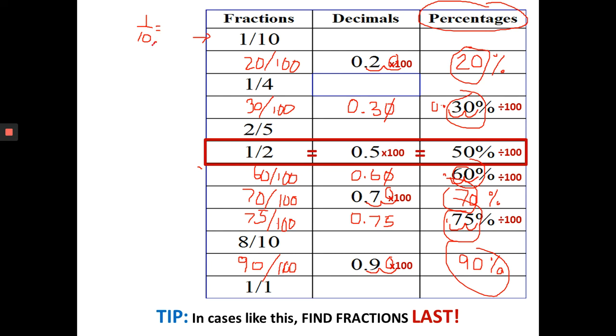To get the percentage, you have to multiply this by 10 to get the denominator 100. Okay, whatever you multiply below, you also multiply to the numerator. So 1 times 10 is 10. So 10 over 100. That means 10%. All right. Now that we got the 10%, it's easier to get the decimal.